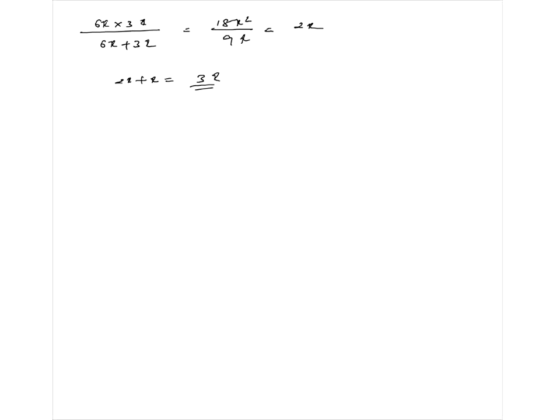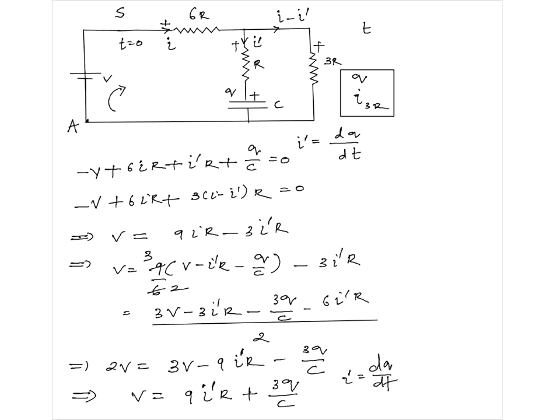So once you know the time constant, finding the maximum charge is very easy, because when the charge is maximum, the capacitor becomes an open circuit. No current flows through this. So 6 and 3 are in series, 9. And voltage across 3R would be V by 3.